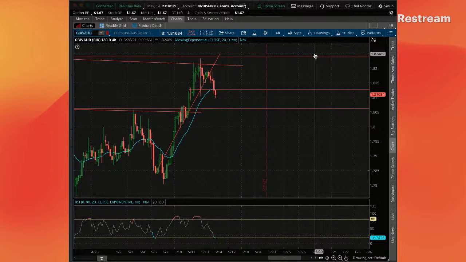For the only couple pairs that we're going to be looking into on the open of the market. So again, it is the pound AUD and also the euro AUD. If you missed that, got to tune in there.